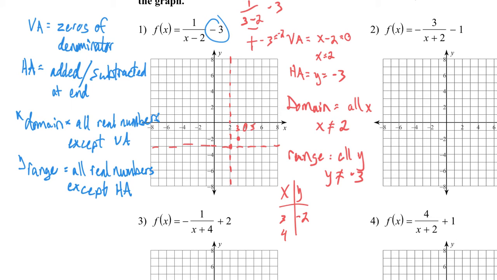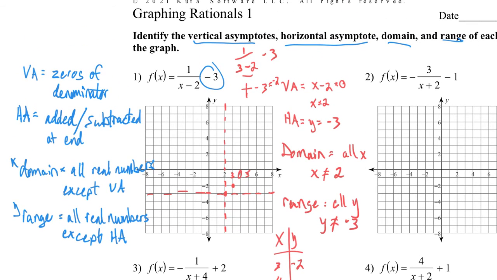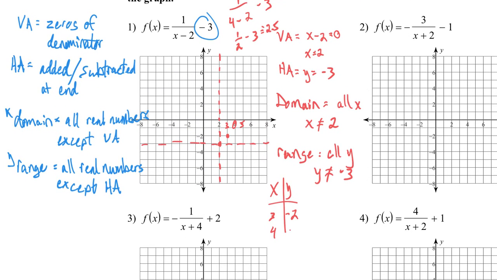And if I go to 4, plug in 4, 4 minus 2 is 2, so that's going to be 1/2 minus 3. So that's going to be negative 2.5. I'm going to put that in my table.